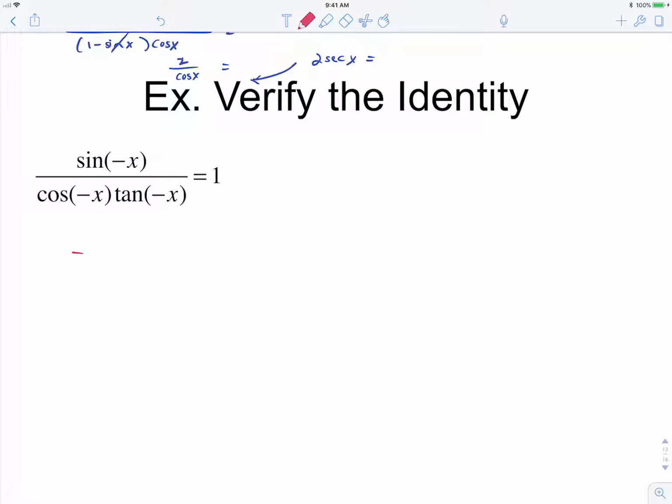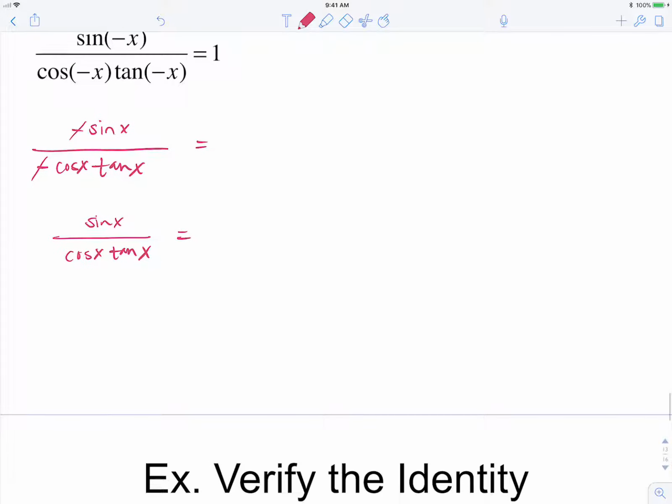Sine is odd, so the numerator can be rewritten as negative sine of x over cosine is even, so cosine of x, and then tangent is odd, so I'm going to pull that negative out front to rewrite the denominator as negative cosine times tangent. And then those negatives will be able to cancel. So we just have sine over cosine times tan.